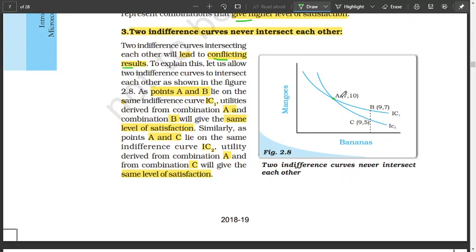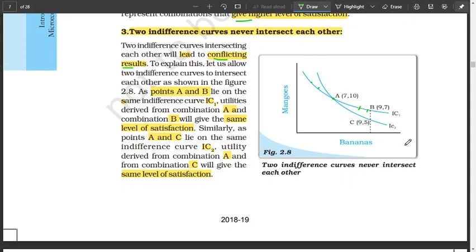Here you understand, if you move from point A to point B, you'll get the same satisfaction. A or B, same satisfaction, because it lies on the same IC1. No matter what point you choose, A or B or C or D on IC1, you'll get the same satisfaction, on the same indifference curve.